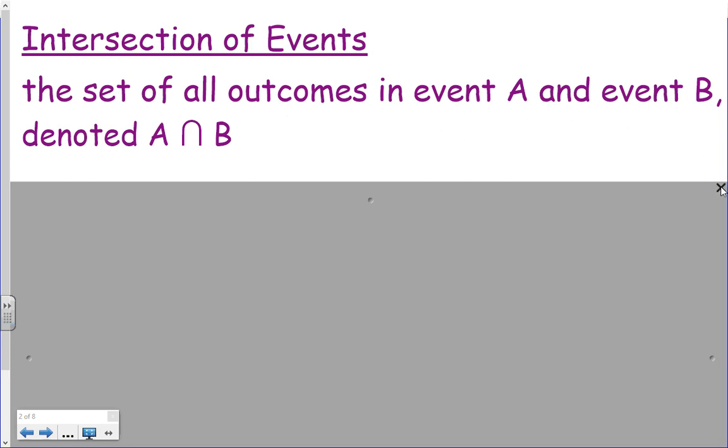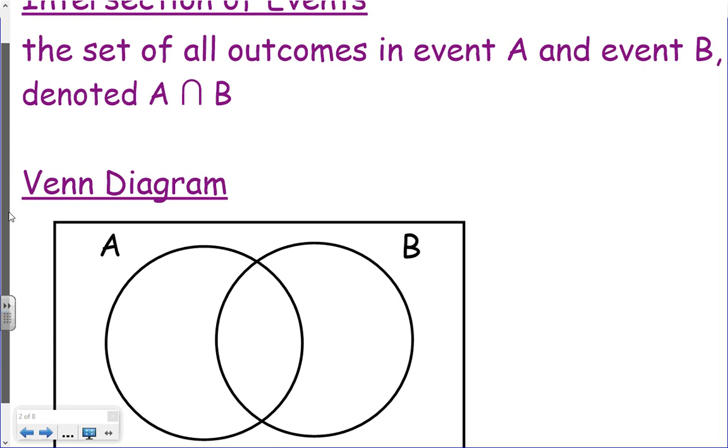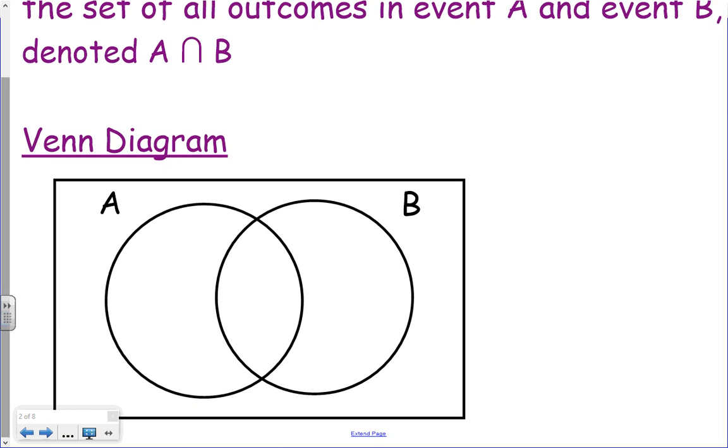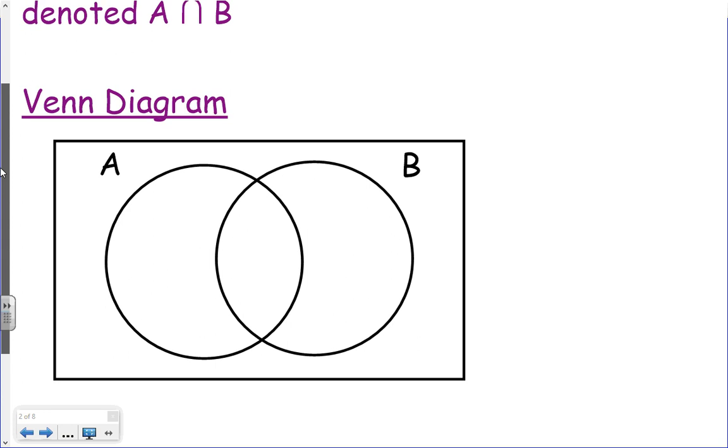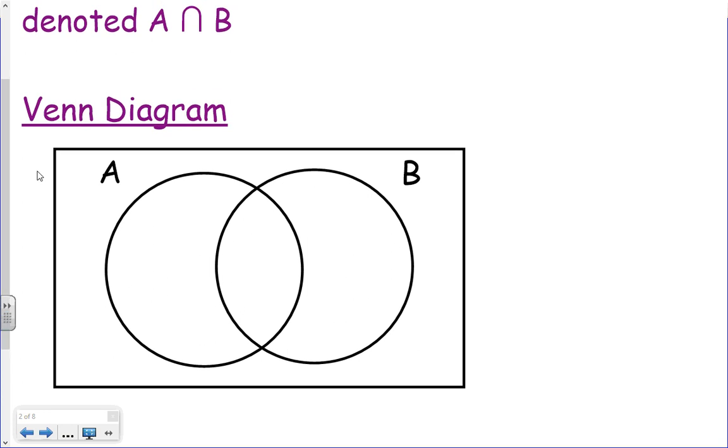We can sketch what this means by using what's called a Venn diagram. A Venn diagram is where you try to visually represent what's being described here with this set. So when they say that it's the set of all outcomes in event A and event B, we have to look at what these two events have in common.